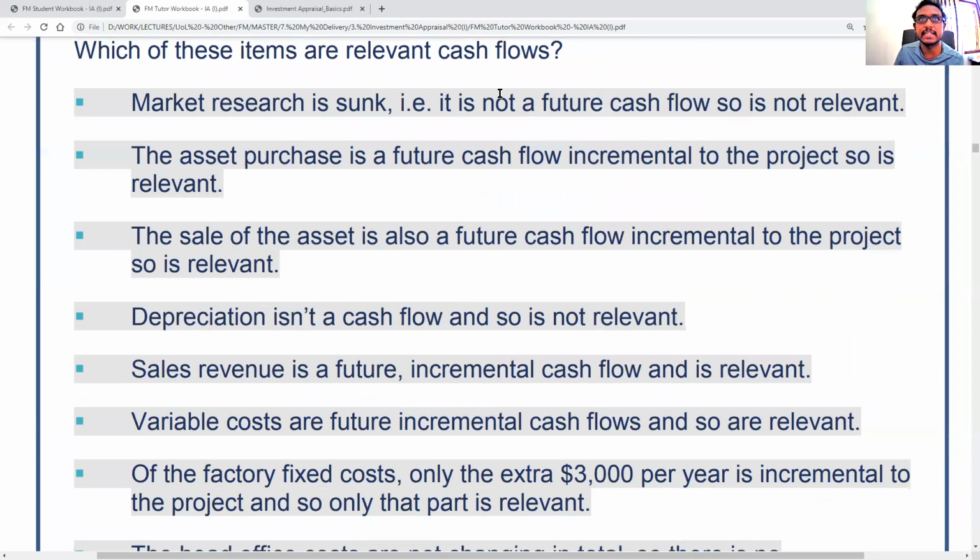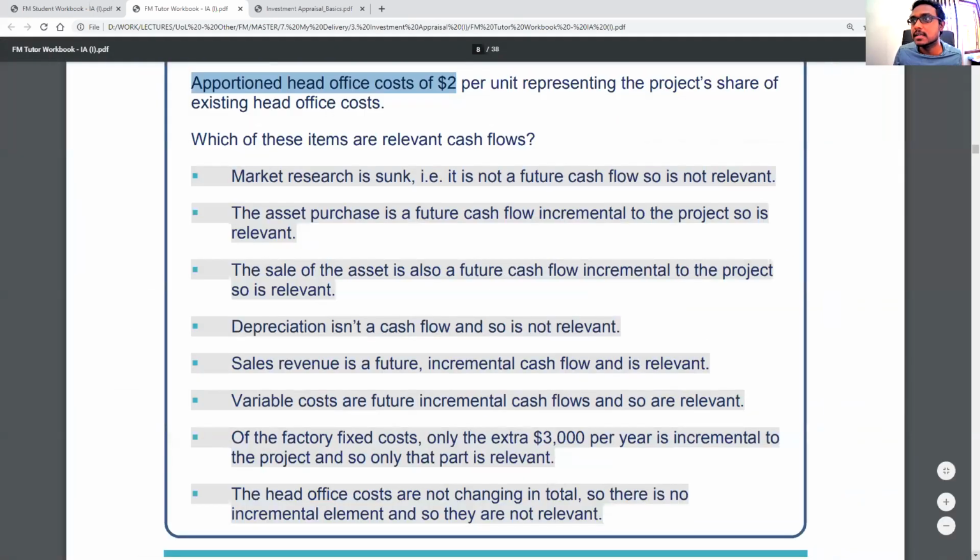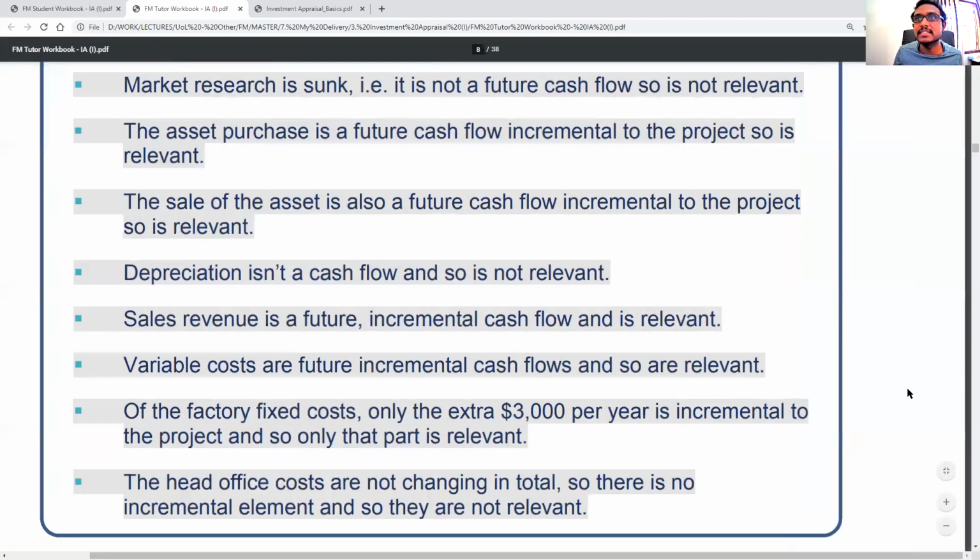Okay, so which of these items are relevant cash flows? Here you go. I'll give you a minute with this. Any comments that don't make sense?